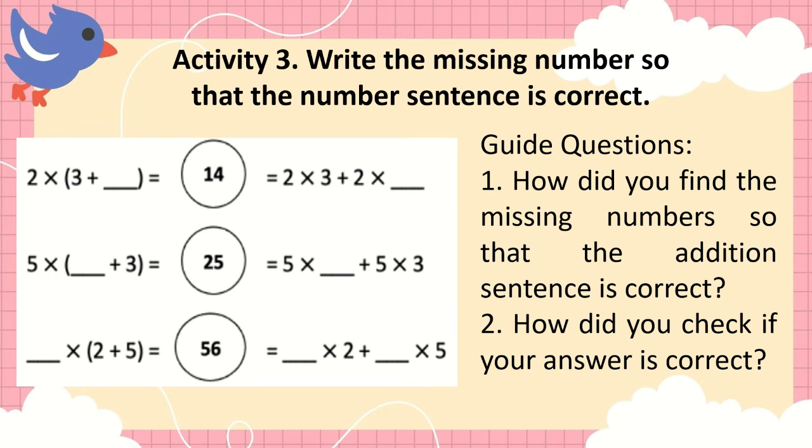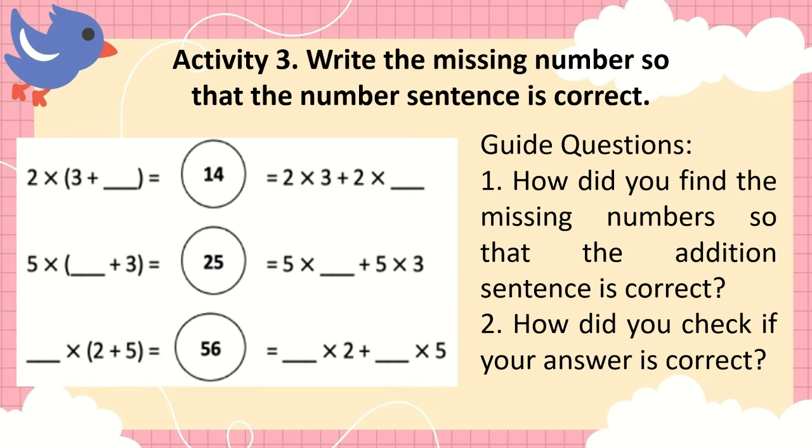Next, 5 times (blank plus 3) equals 25, is equal to 5 times blank plus 5 times 3. Next, blank times (2 plus 5) is equal to 56, and is equal to blank times 2 plus blank times 5.